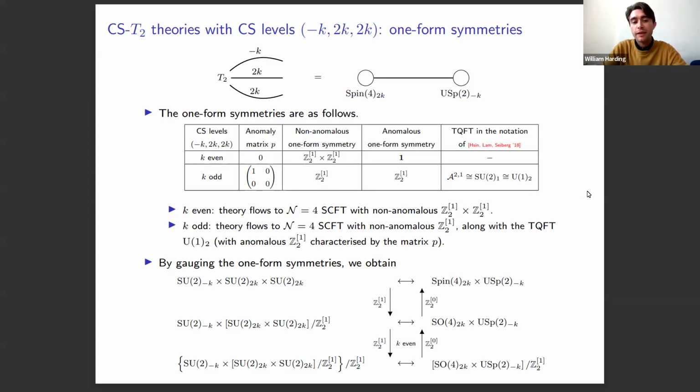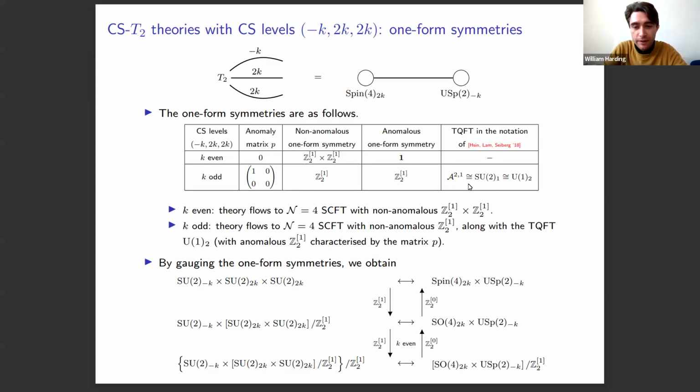Now, what does it mean? It means that for k even, the theory flows to an N=4 SCFT with non-anomalous Z2 times Z2 one-form symmetry, whereas for k odd, the theory flows to an N=4 SCFT with non-anomalous Z2 one-form symmetry, along with the TQFT U(1) level 2, which has an anomalous Z2 one-form symmetry characterized by the matrix P, which I wrote down in the table.